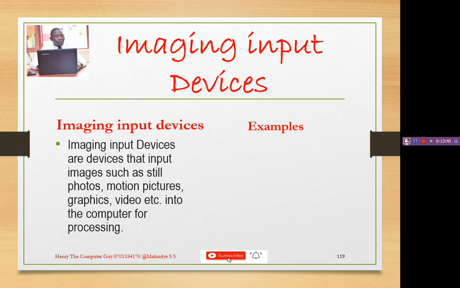If you want to capture a video, or take a photo, something that is moving or something that is still, you can use the imaging input devices. We have examples of this. We have a scanner. A scanner is used to convert something from hard copy to soft copy. You need to transfer a document to, let's say, outside countries, but it is in hard copy. Use a scanner, convert it to soft copy, then you transfer the document.